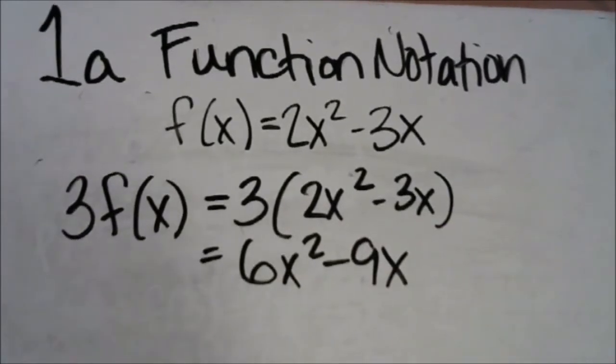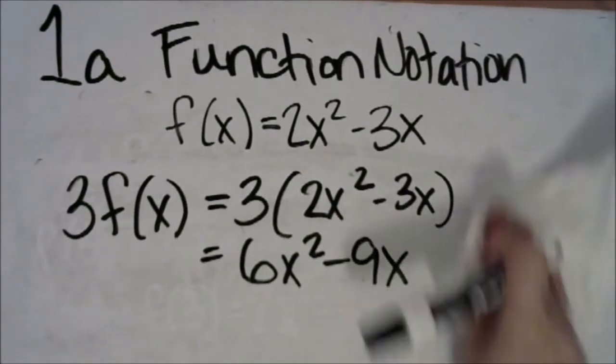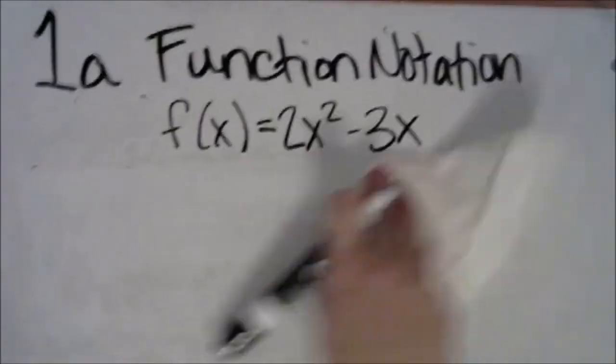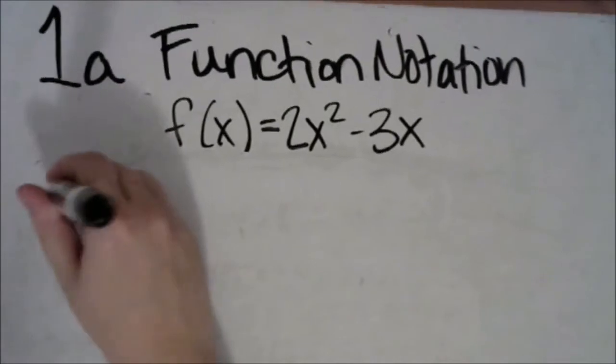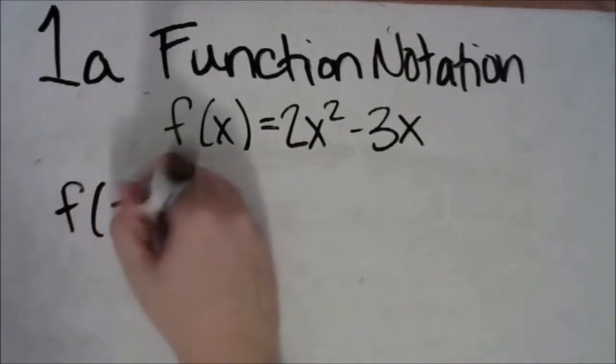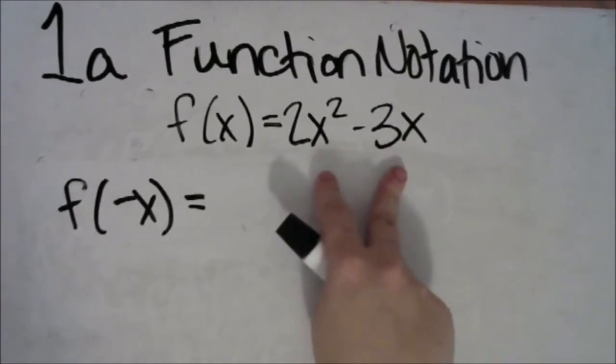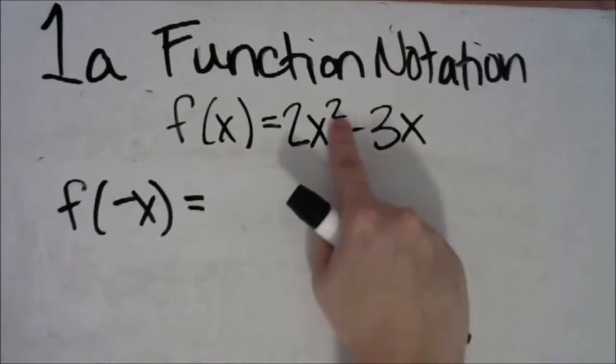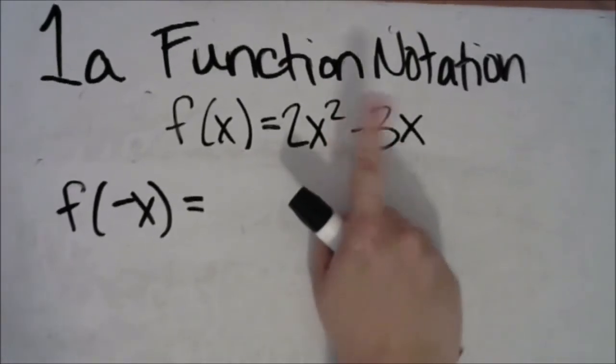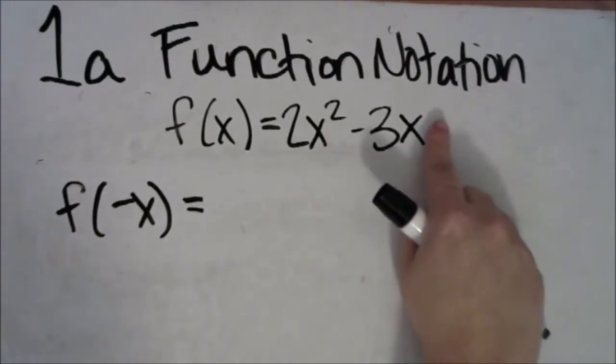The next one is f of negative x. For this expression, we're going to be inputting a negative in for the input. We'll compare it to negative f of x, which is different. If you know the difference between odd and even functions, this term is even because the exponent is 2. This is odd because the exponent is 1.